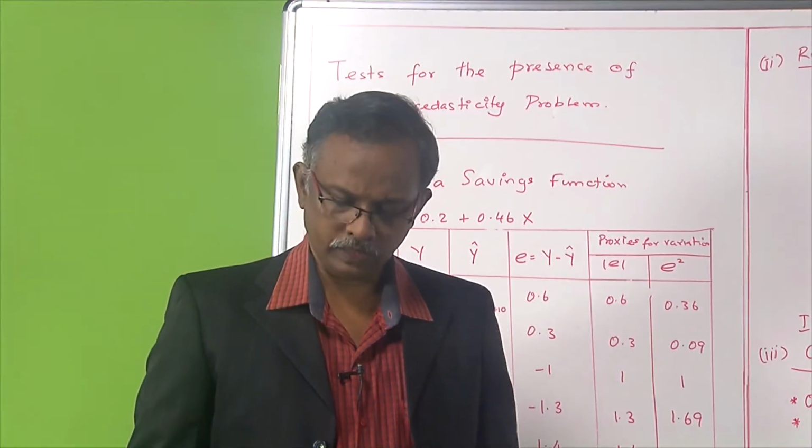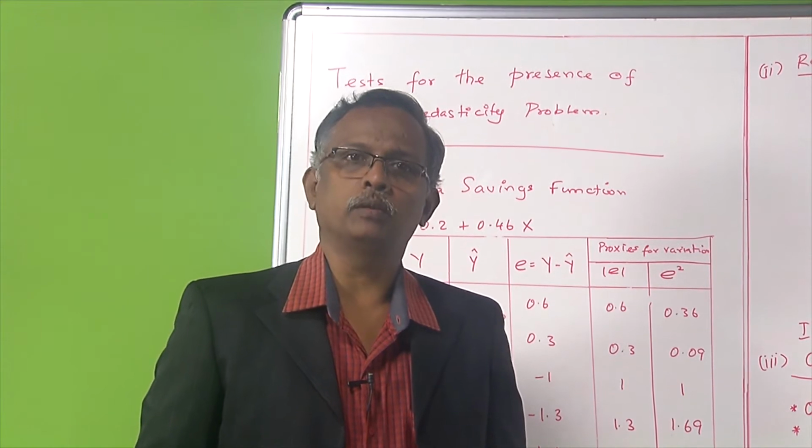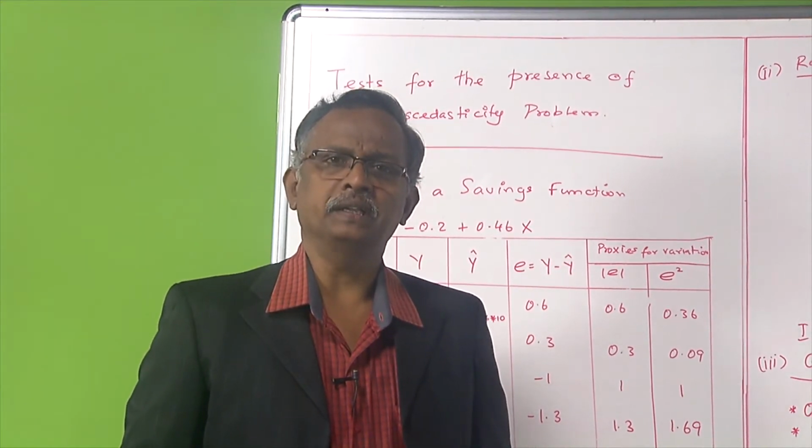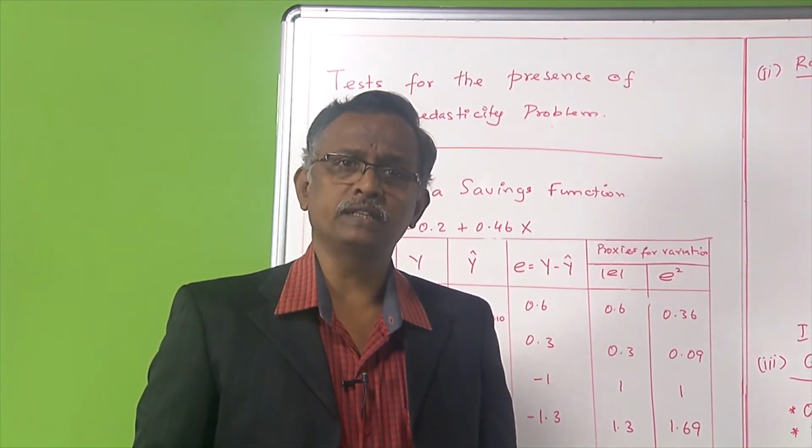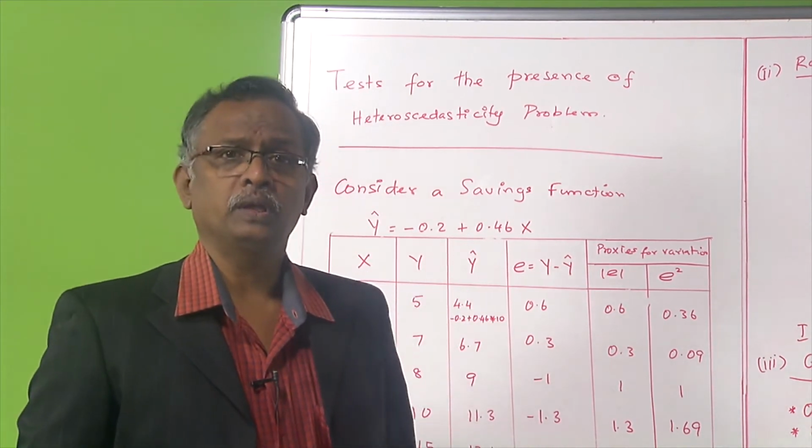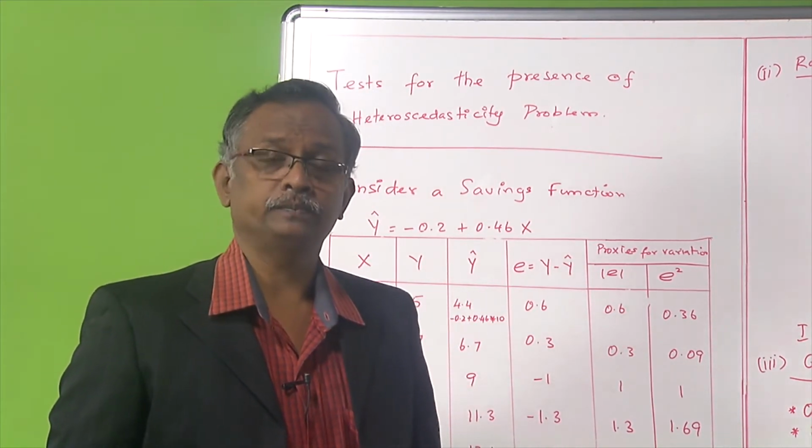First, I am going to teach you how the error values are estimated. Then we will see the different tests. The tests of the heteroscedasticity problem start with the estimation of the proxies for the variation of the error terms.